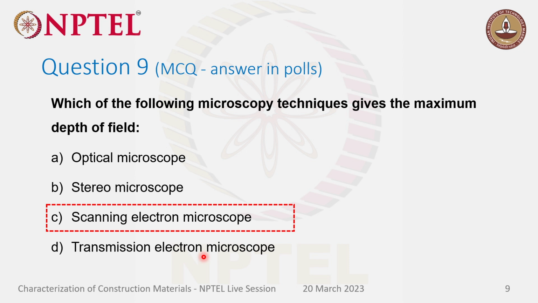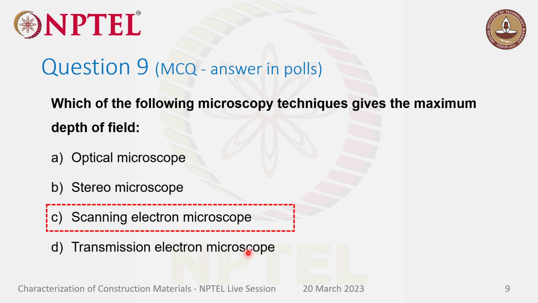Transmission electron microscope, when you compare it with scanning electron microscope, has a lower depth of field, because when you increase the depth of field, the resolution we expect can't be achieved. When it comes to resolution, transmission electron microscope has better resolution than scanning electron microscope, because it just passes through the material.